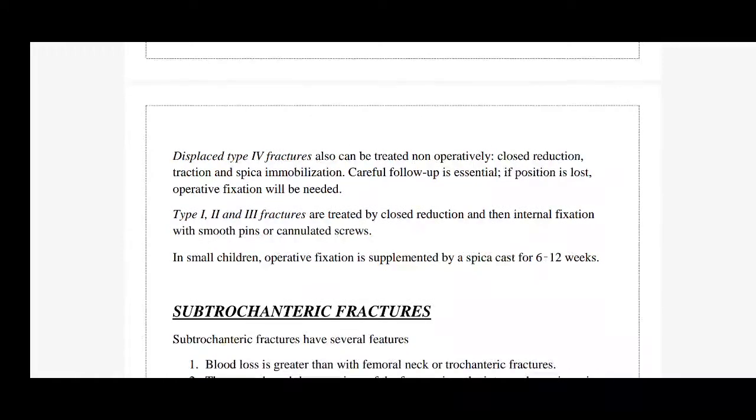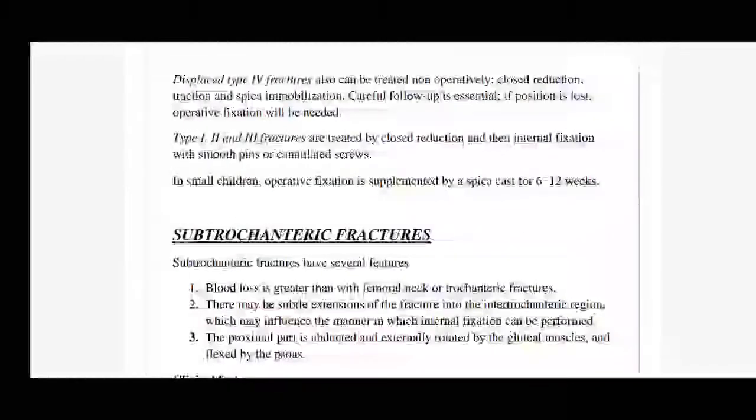Displaced type 1, 2, and 3 are usually treated by closed reduction and internal fixation with image intensifier, either smooth pins or cannulated small screws, to avoid violation of the growth plate. In small children and immobile and uncontrollable children, the fixation should be augmented by the hip spica.